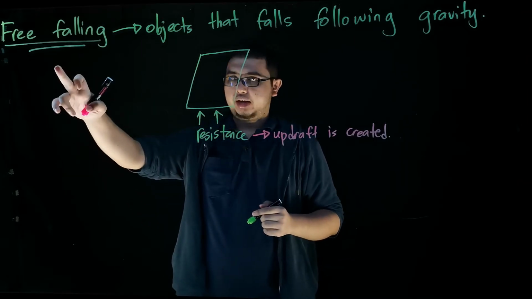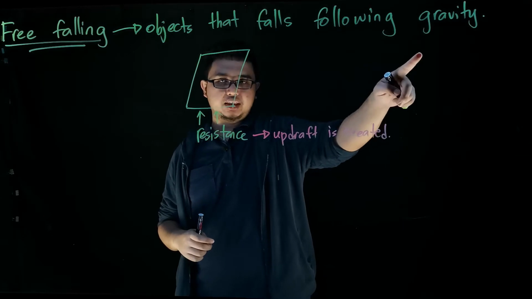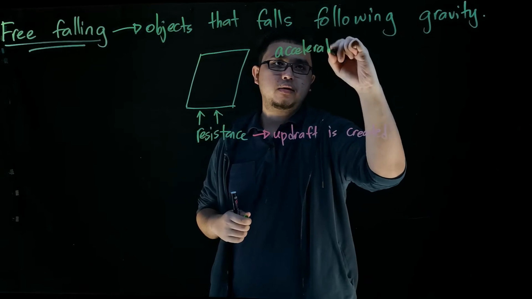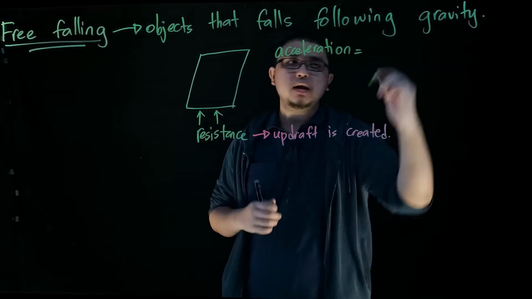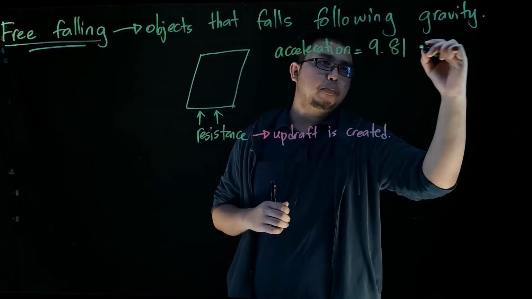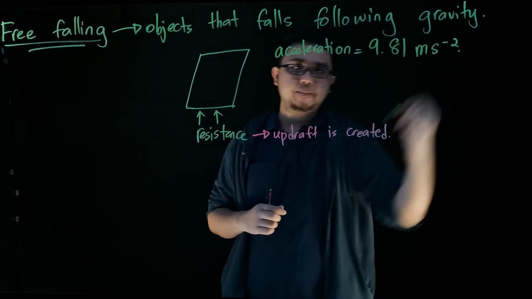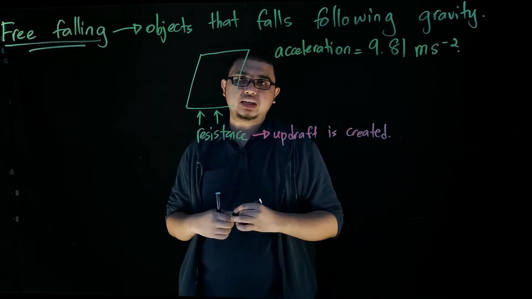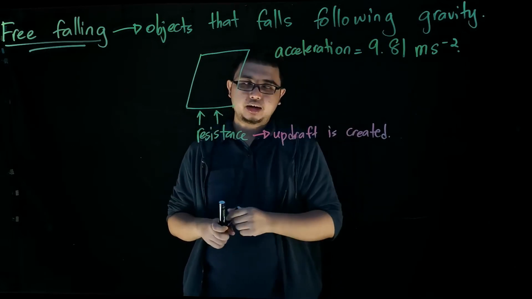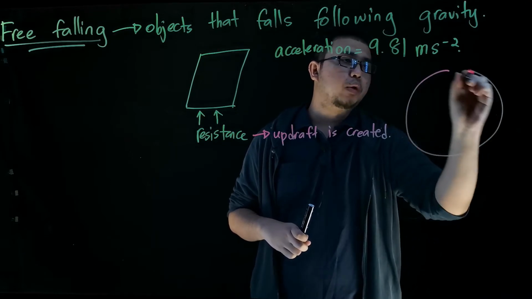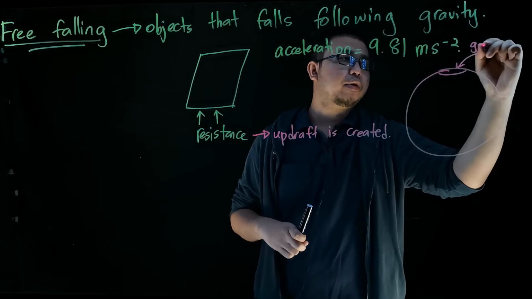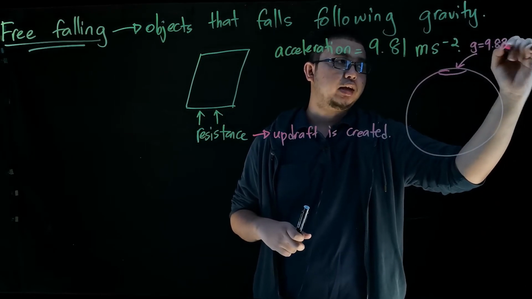But free falling, as it obeys gravity, the acceleration is always constant. We learn that the acceleration of our Earth on the equator is 9.81 meter per second square. And this gravitational acceleration differs from place to place and at different heights. At the North Pole, the gravitational acceleration is found to be 9.83.